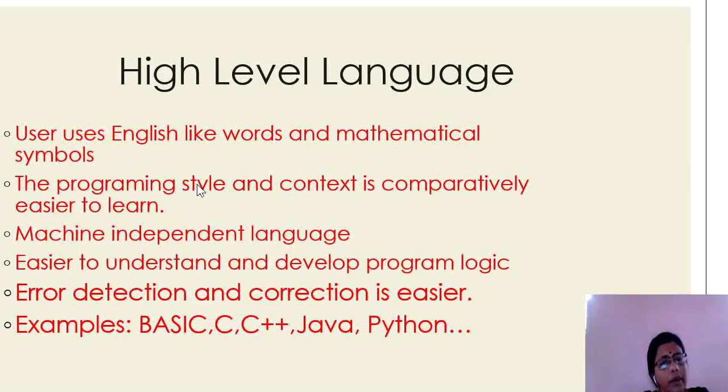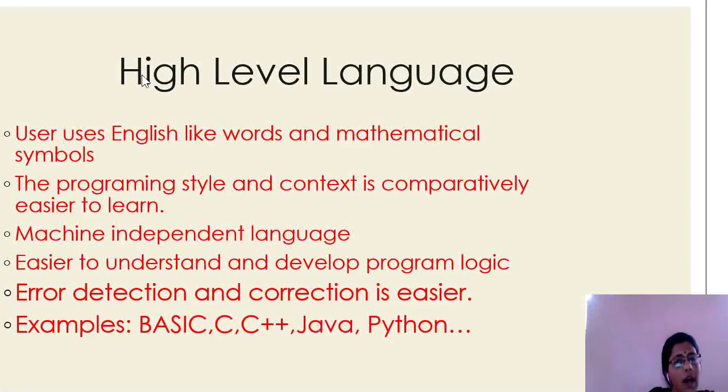Some examples of high level language are BASIC, I don't know whether you have learned BASIC in your 6th standard, C, C++, Java, Python. All these are examples of high level language. So this is where you're going to learn Java.